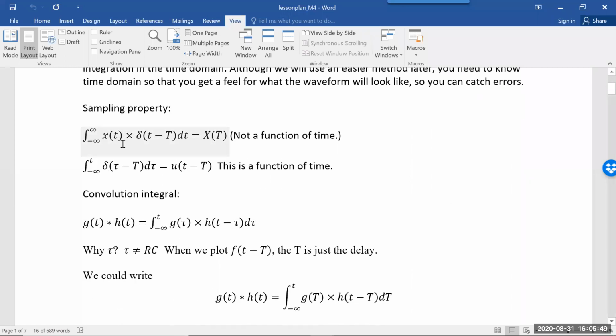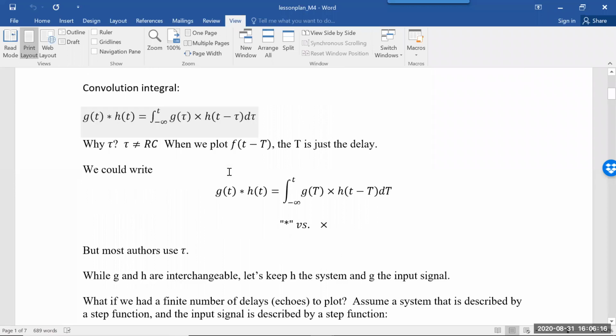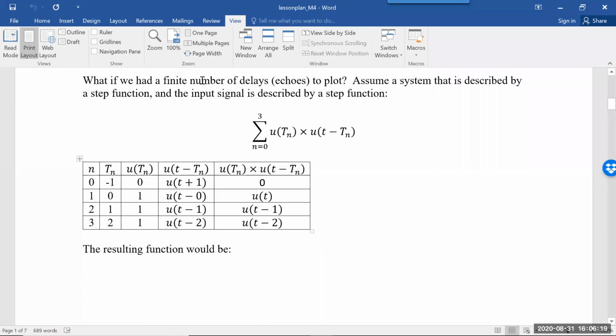But if you start with discrete functions of time, and I'm integrating, here's my x of t times a delta function of t minus tau. I'm getting this. So if I had these discrete time steps, I have n equals 0, 1, 2, 3, and then tau n is minus 1, 0, 2 here, and then I have the step of that.